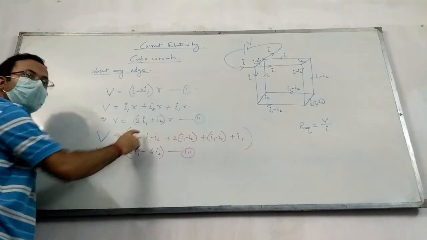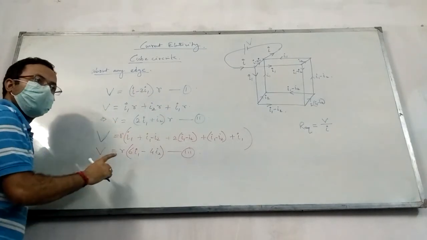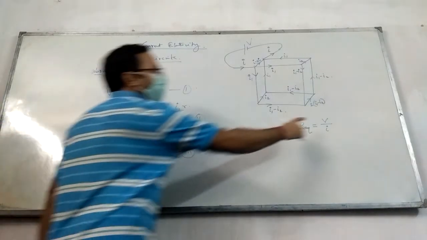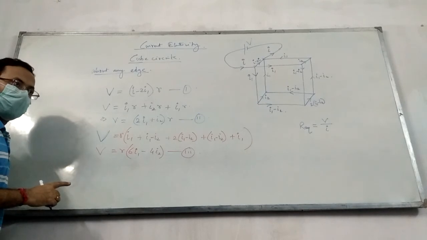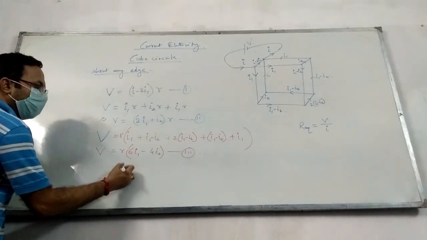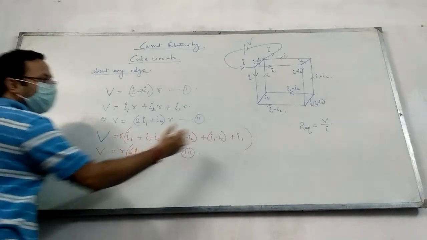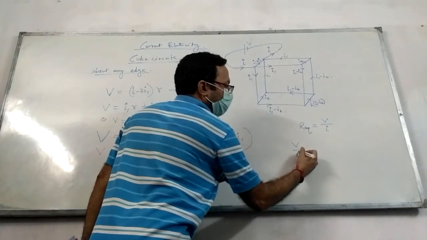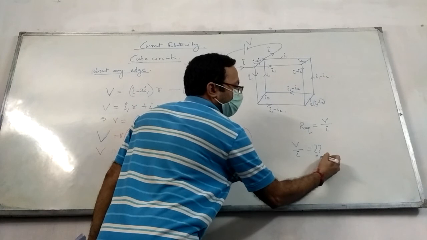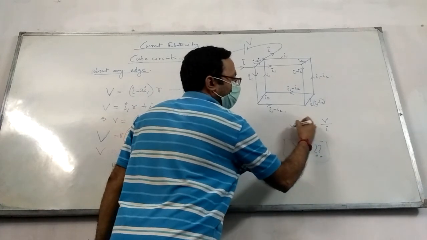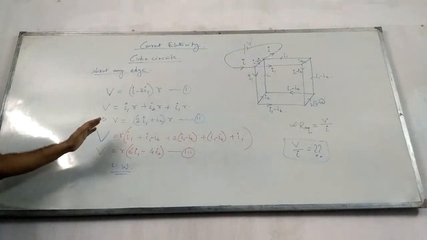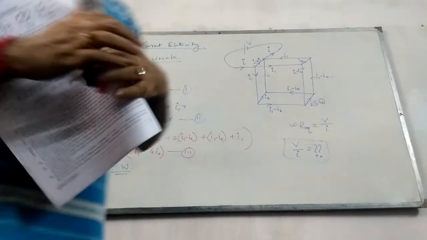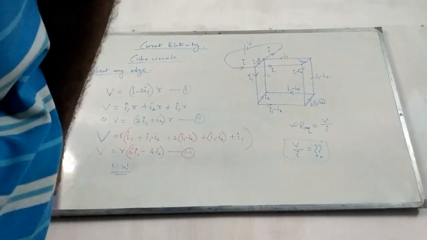You have three equations regarding them. You can clearly go for the elimination and find out the value of V by I from the rest. ठीक है सर? ये तो हमारा homework. You have to find out V by I. याद रखना V by I का वैल्यू ये R इक्विवेलेंट का वैल्यू निकालना है. ठीक है? सब्स्टिट्यूट करना है I1 और I2 को.